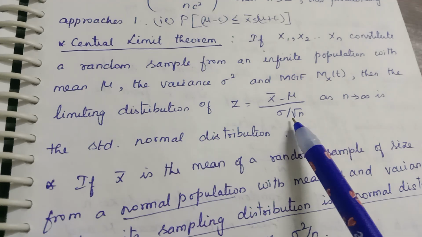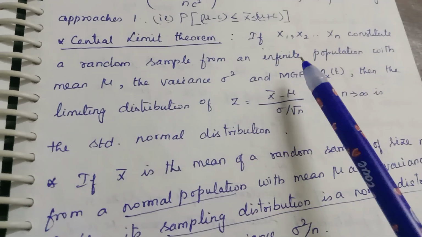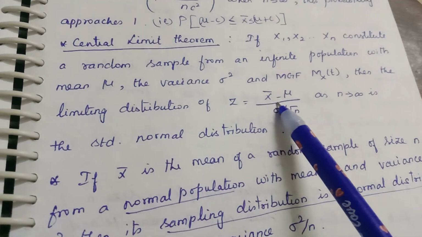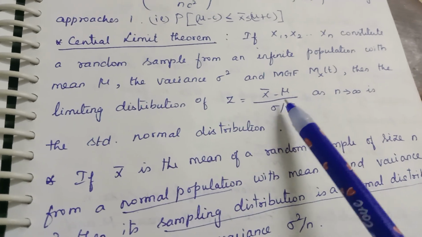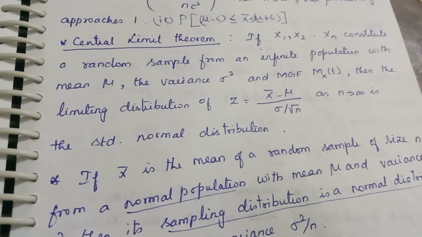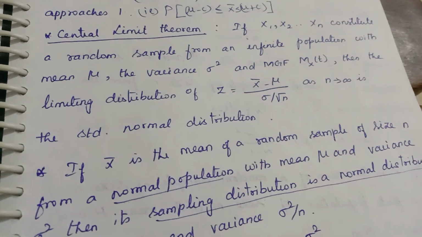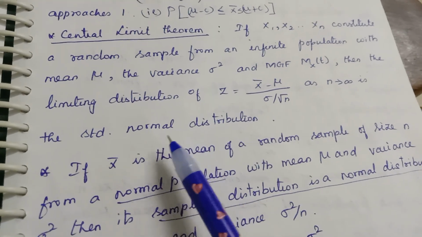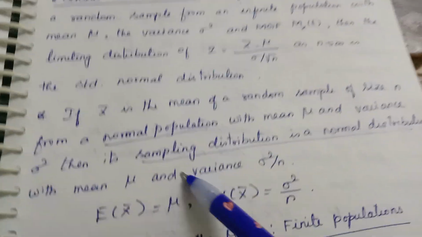It says x bar minus mu by sigma by root n is the standard normal distribution when the sample is drawn from an infinite population. What is this x bar? As usual, sample mean, mu is the population mean, sigma is the population standard deviation, and n is the sample size. So this follows the standard normal distribution. What do you mean by standard normal distribution? It is the normal distribution with mean equal to 0 and variance equal to 1. That is called the standard normal variate, right?